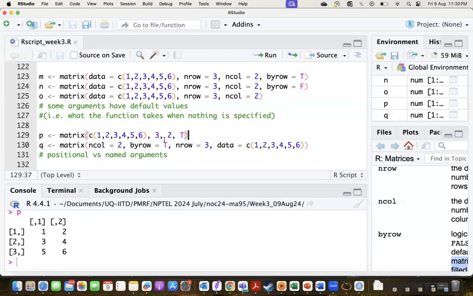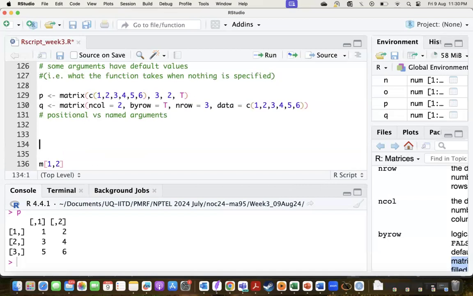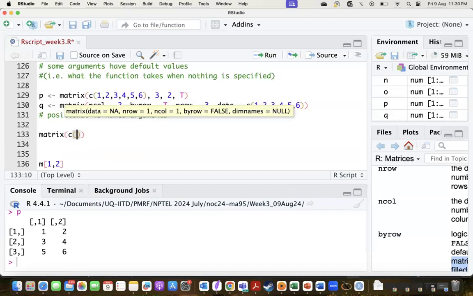So again, it's a matter of preference, whether you want to write the names of the arguments and be carefree about whether the order was correct or not, or you want to not write the names of the arguments, but you're sure that the order you're following is correct. Okay, so for example, one of my favorite ways to go about it: you also don't need to write the combine function.